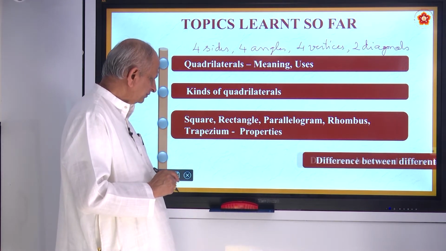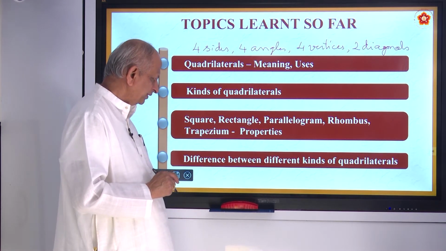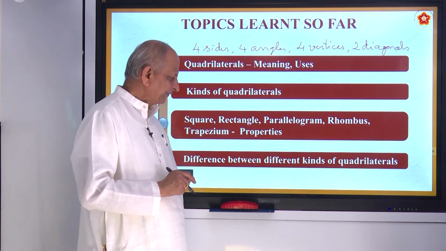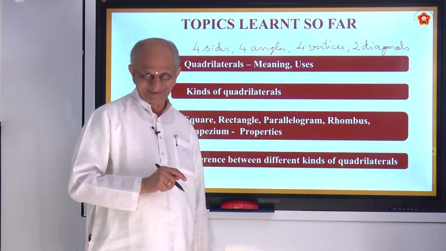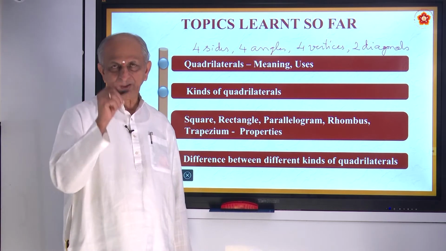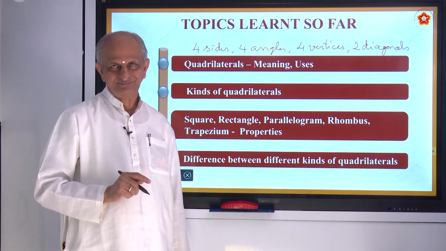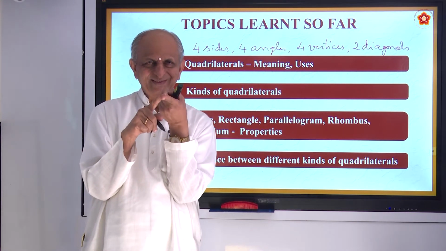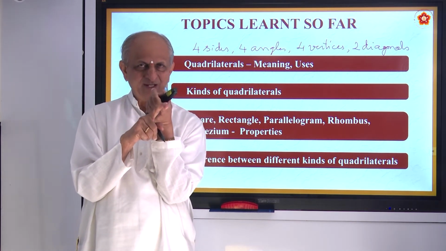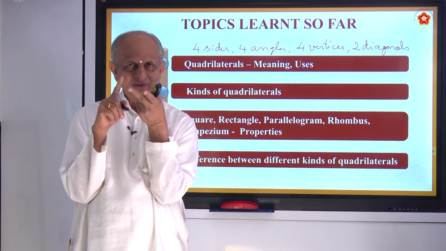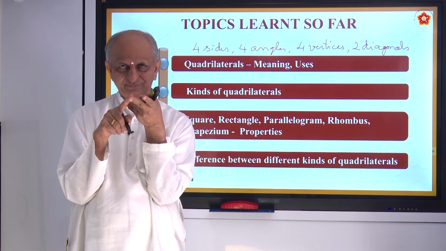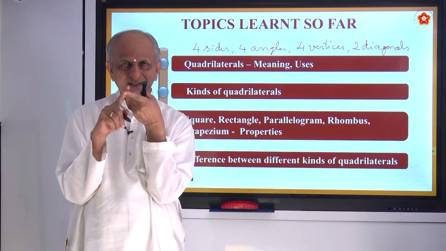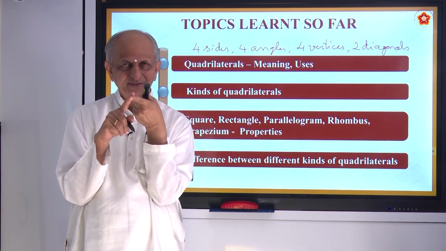Just for recalling, I told you the difference between different kinds of quadrilaterals, meaning the difference between square and rectangle. Can you tell me? Come on. Yes. In a square, all the sides are equal. In a rectangle, opposite sides are equal. In a square, diagonals bisect at right angles.